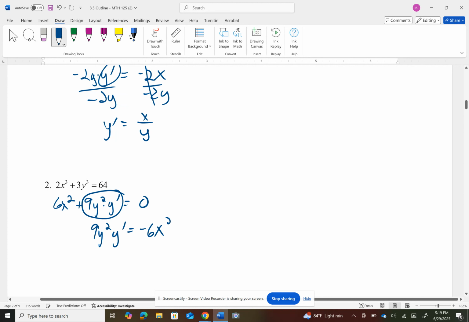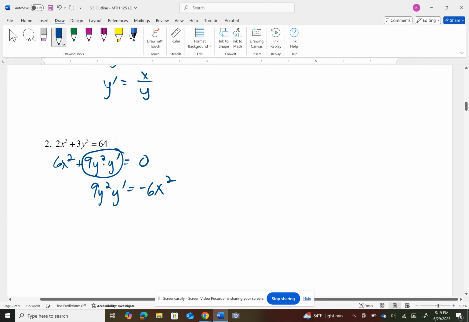Subtract the 6x squared from both sides, and then that's times there, so you can divide by 9y squared. And that gets you to y prime equaling, I'll simplify the negative 6/9 to negative 2/3, x squared over y squared. So it's negative 2x over 3y squared for my final answer. Okay.